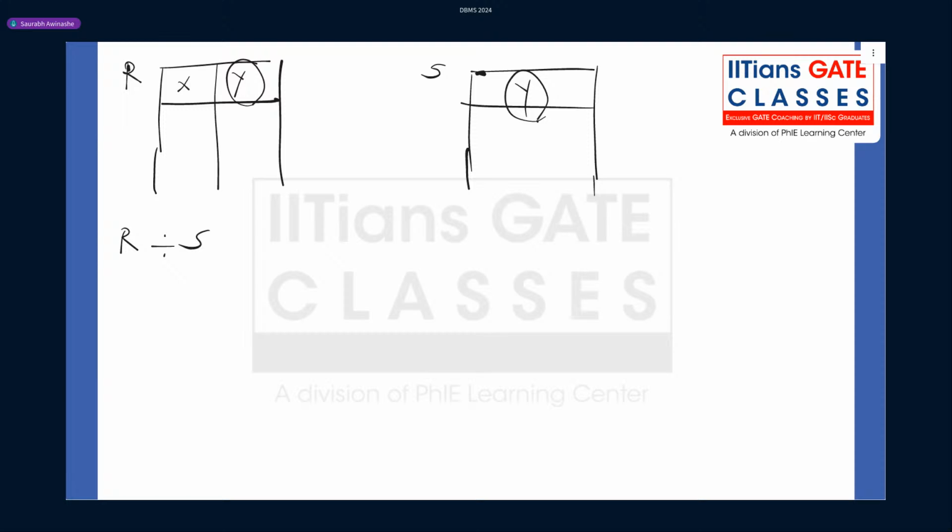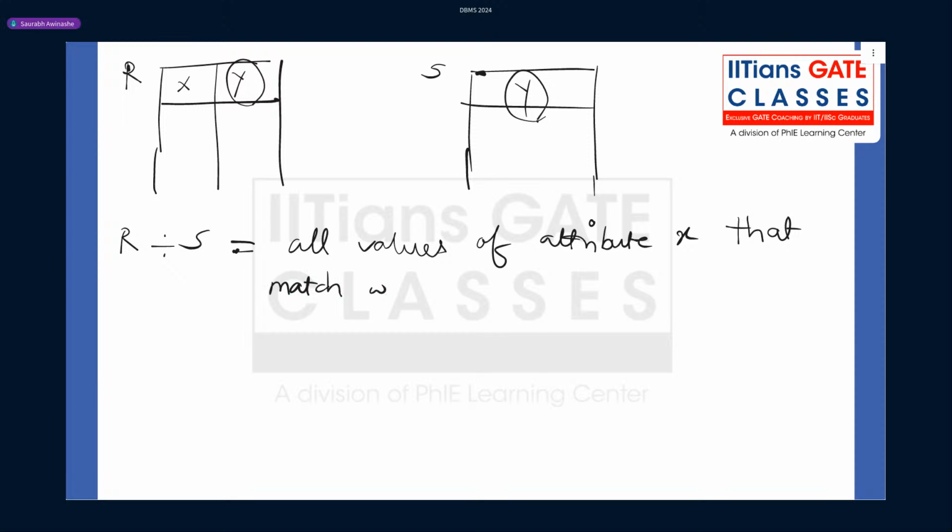So R divide S in this case is going to return all the values of attribute X that match with all the values of attribute Y in R that match with all the values of attribute Y in S.